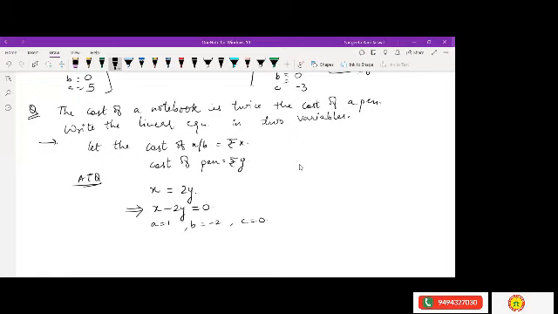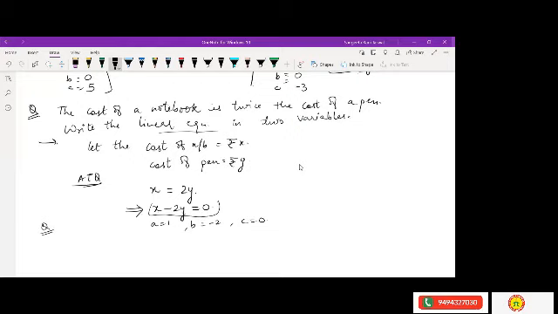Ma'am, will the final answer be x minus 2y equals 0? The final answer is this only. So the question was to write a linear equation in two variables, and this is a linear equation in two variables.